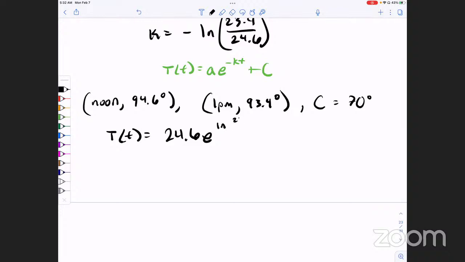Natural log 23.4 over 24.6. T, right? So there's no, leave the T. And then C we got was 70. Right?